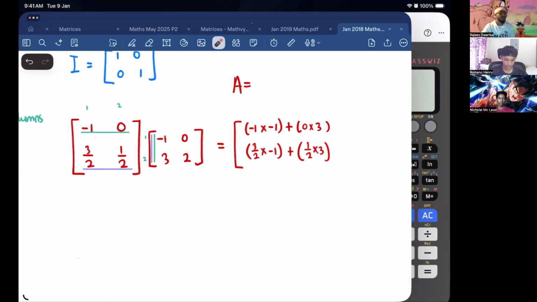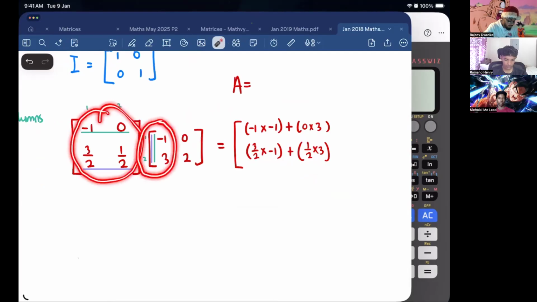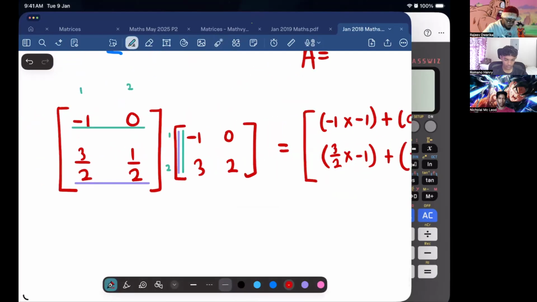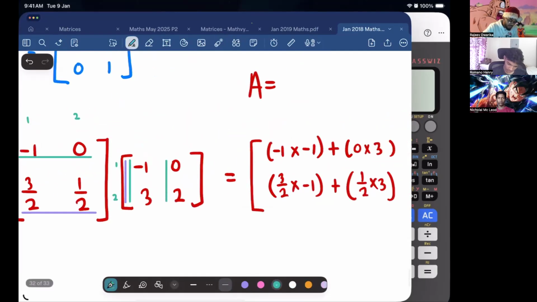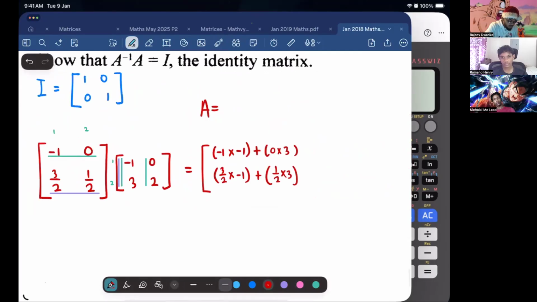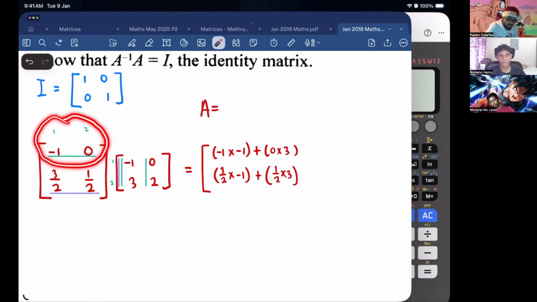So did we multiply everything here by this column? Yes, sir. Which column are we going to move on to next? The second one, 0, 2. Right, 0, 2. So it's the same exact procedure, right? What is the first element in this row? -1. What is the first element in this column? 0.